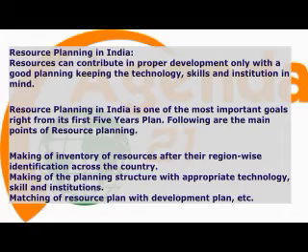India has made very effective efforts for achieving the goals of resource planning from the first Five Year Plan launched after independence.